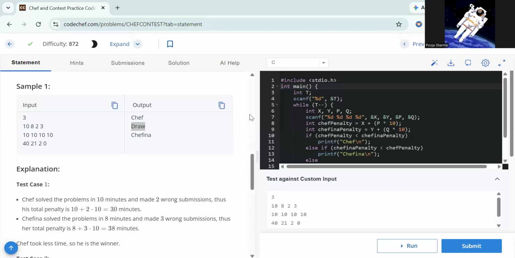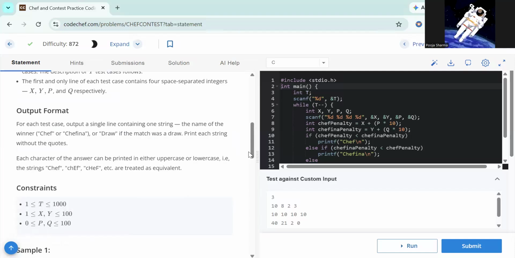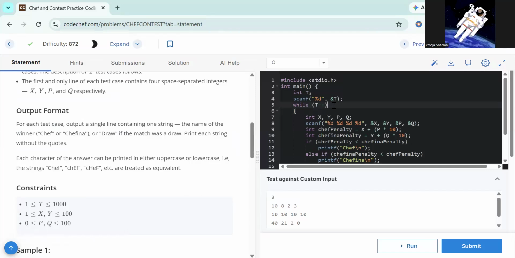In the first part, we are entering the number of test cases, which is 3. Now here you need to enter all the values X, Y, P, and Q. So you're scanning the values: 10, 8, 2, and 3.